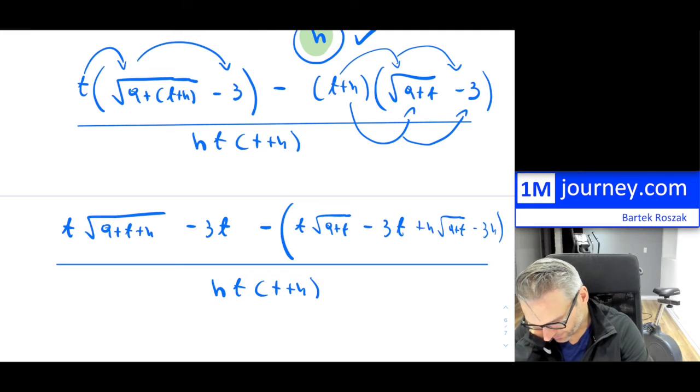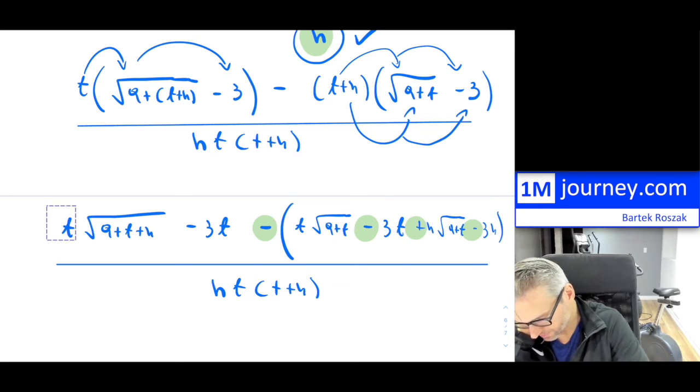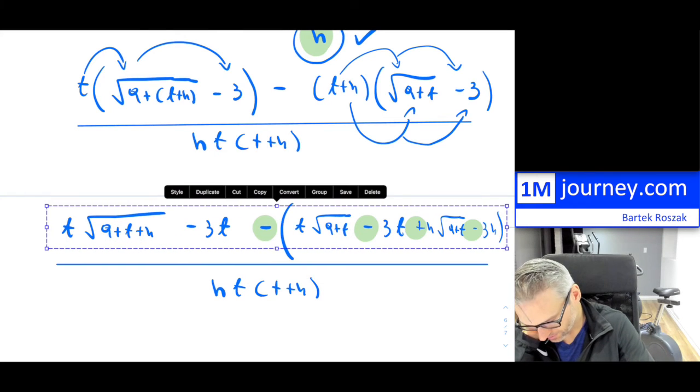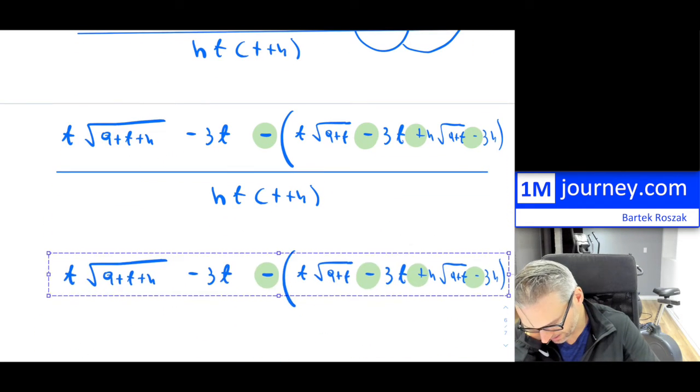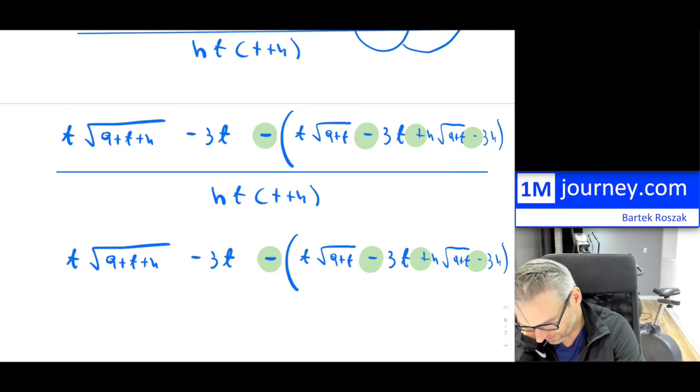Now, this sign, if I bring it in here, obviously it will change all of these signs. So all of that will be updated. Let me duplicate, bring it down. I'm just going to concentrate on this. So that means this is going to be negative. This one is going to turn positive.